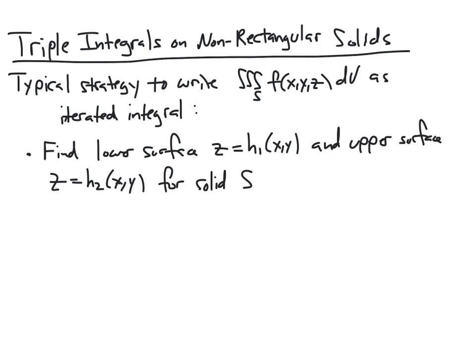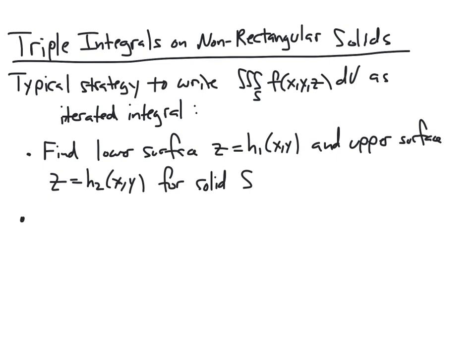When we were integrating over a triangle, for example, we had to come up with bounds for x and y, and we looked at the upper curve and the lower curve and the left and right curve on the x side. And so we're doing the same thing here, but the key is here we want to look at z first and find the upper surface and lower surface. And these surfaces will typically involve both variables x and y.